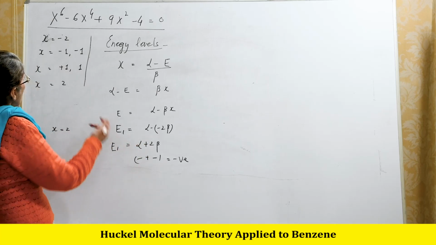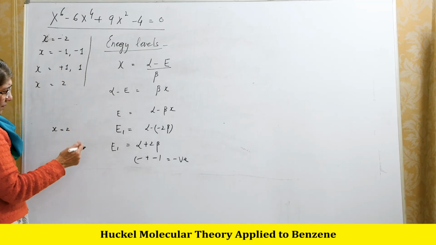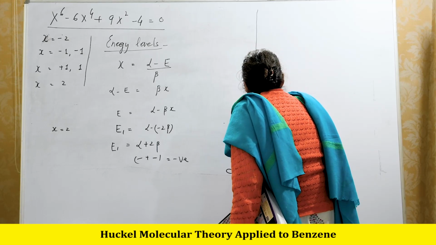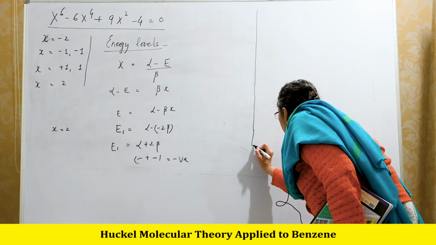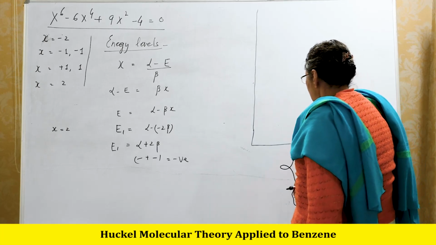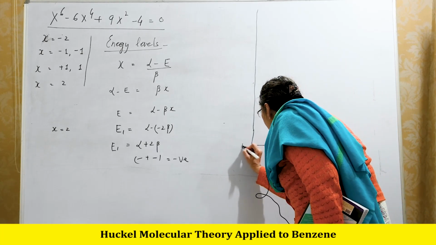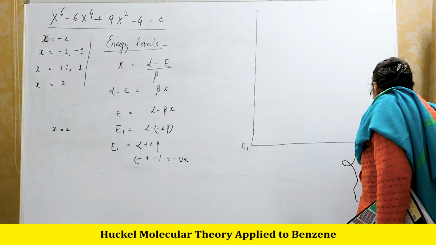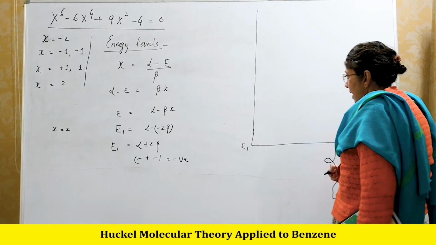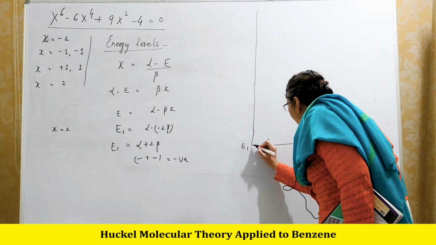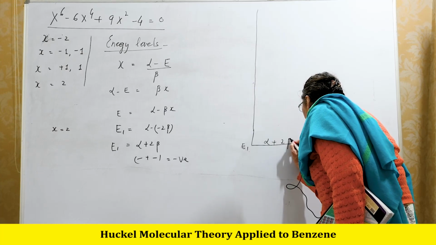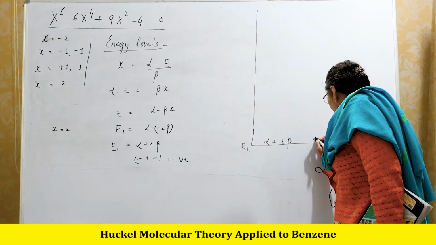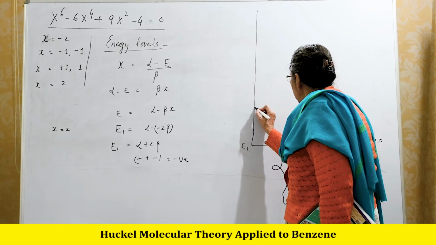In the similar way we try for -1. This is E1, and it is represented as the bonding molecular orbital, alpha plus 2 beta, having 2 electrons.